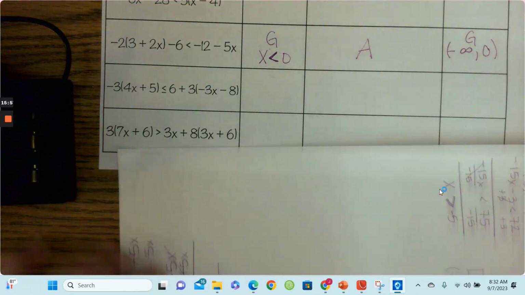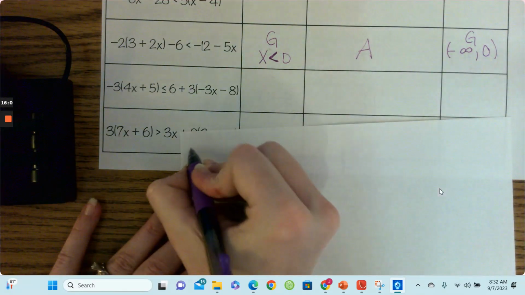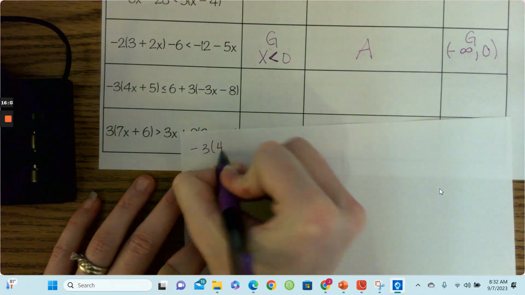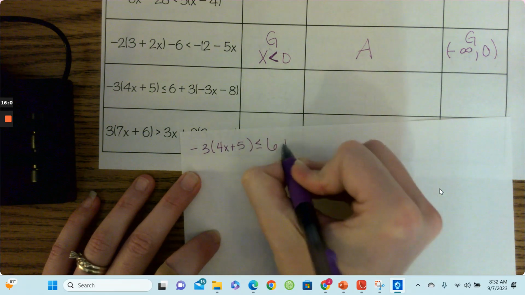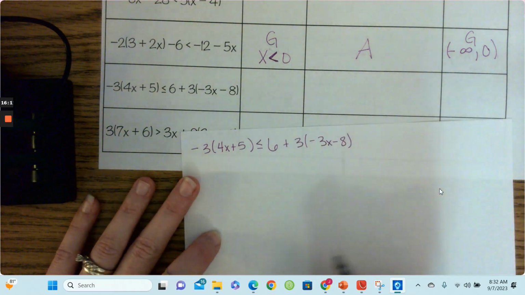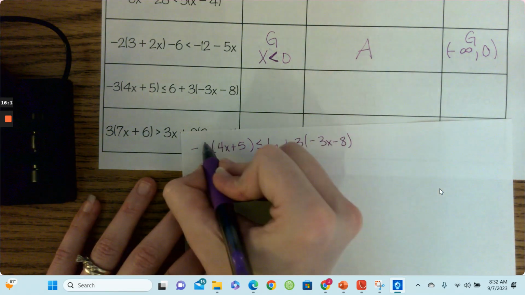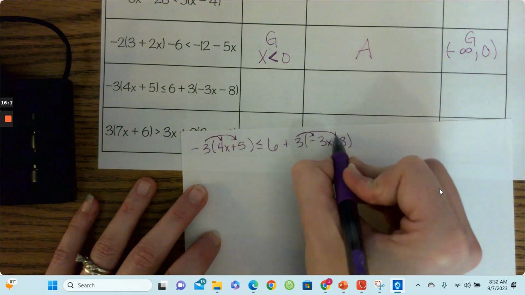All right, next one. I'm just going to get a new sheet of paper. Negative 3 times 4x plus 5 is greater than or equal to 6, 3x plus 8. This one's got even more that we have to do, so we're going to have to distribute on both sides before we do anything else.